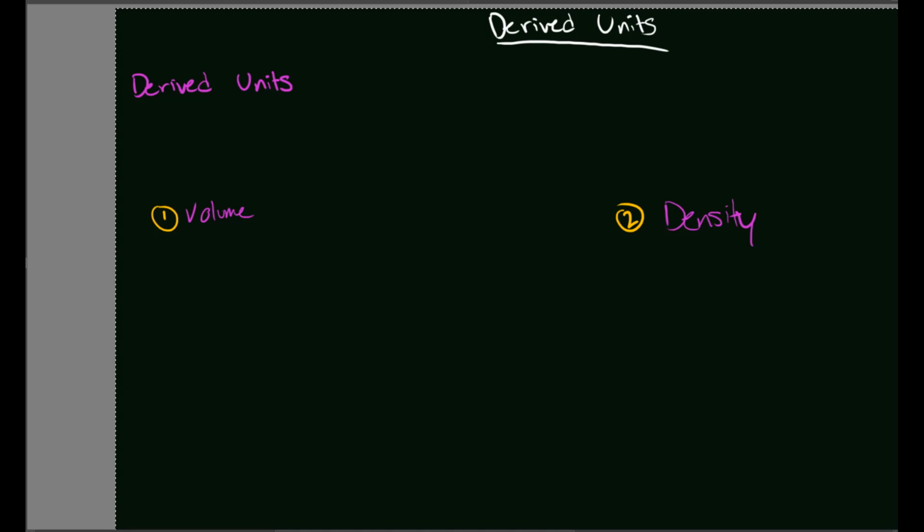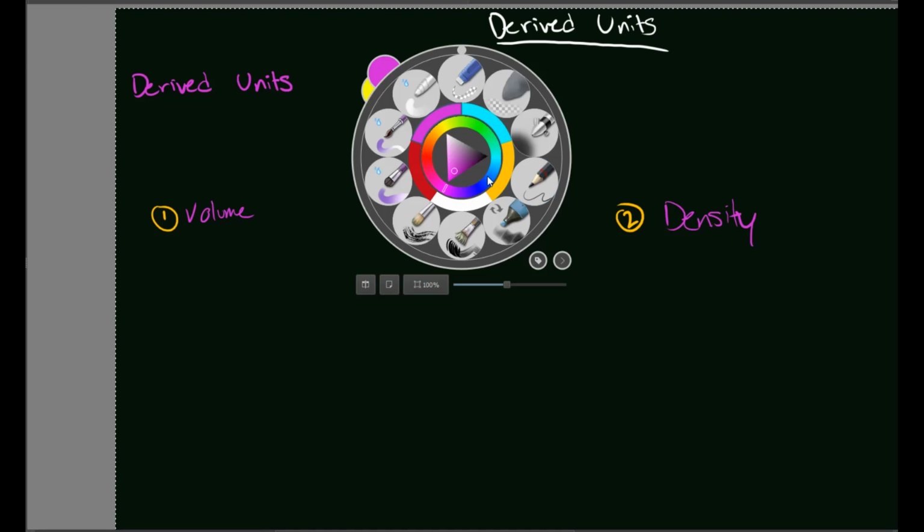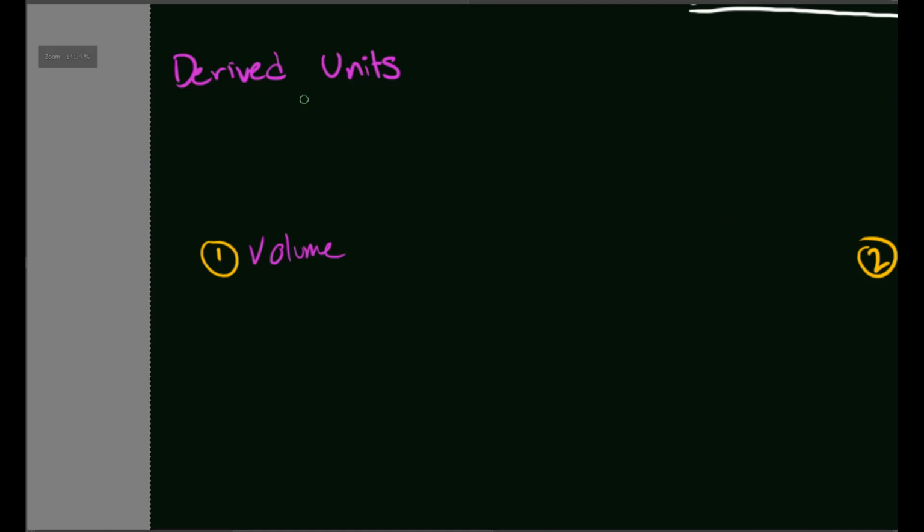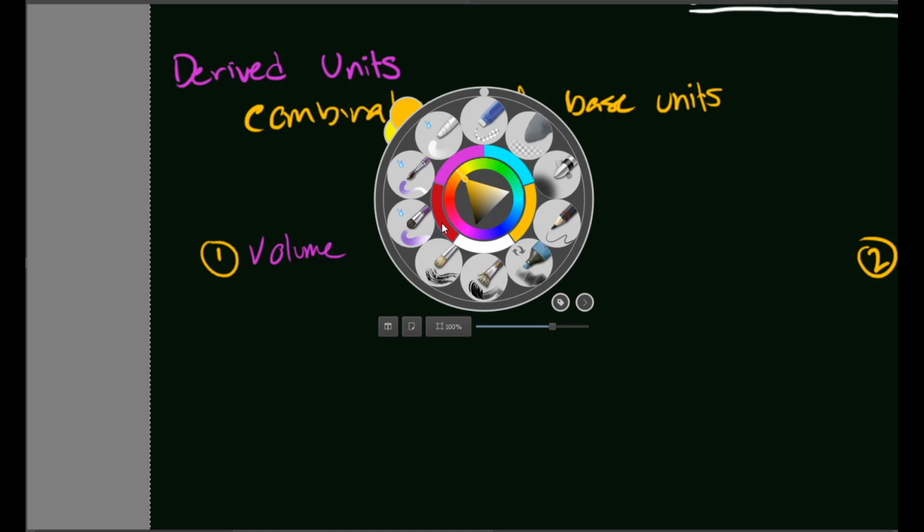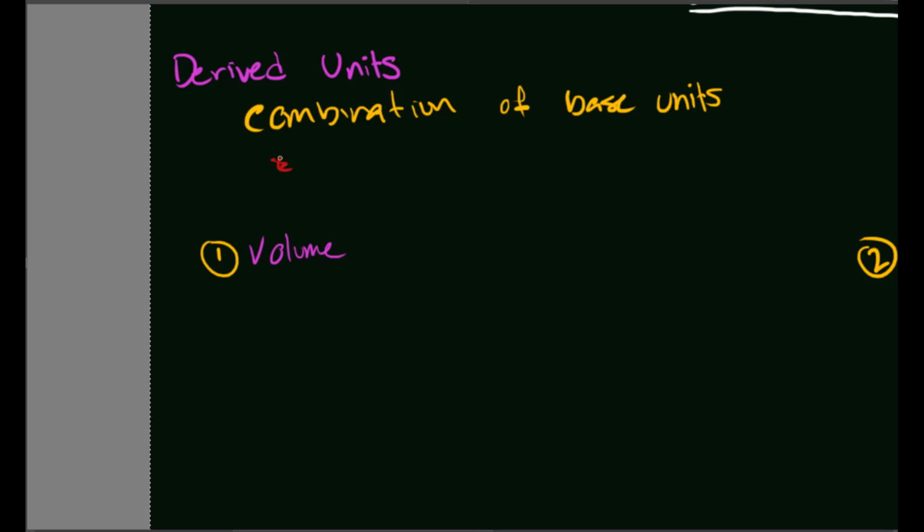A derived unit is basically a combination of base units. So for example, we have meters cubed, centimeters cubed, meters per second, or grams per milliliter, right?